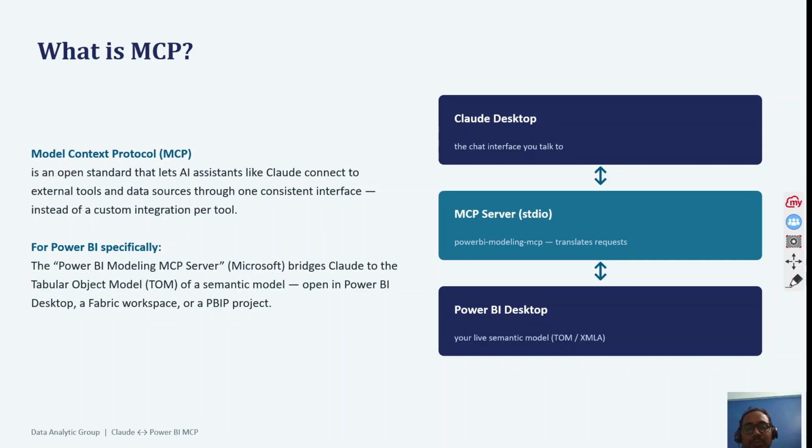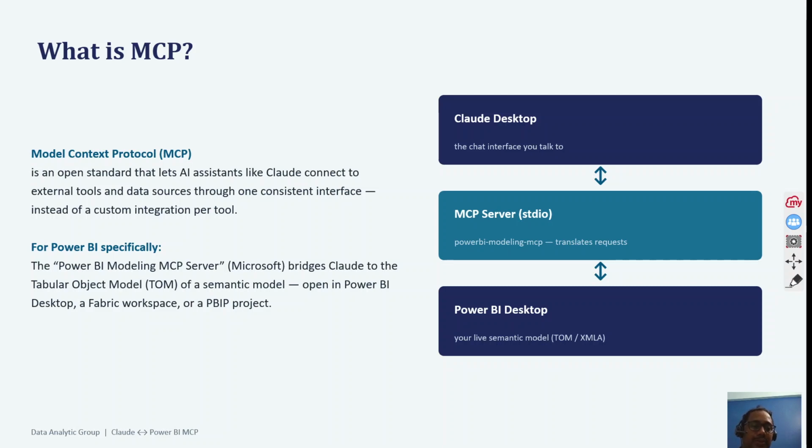This modeling server acts as a bridge to communicate between Claude AI and your semantic model. If you open a Power BI report you developed with a proper semantic model, and write a simple statement in natural English, it is going to connect via the MCP server to your semantic model.